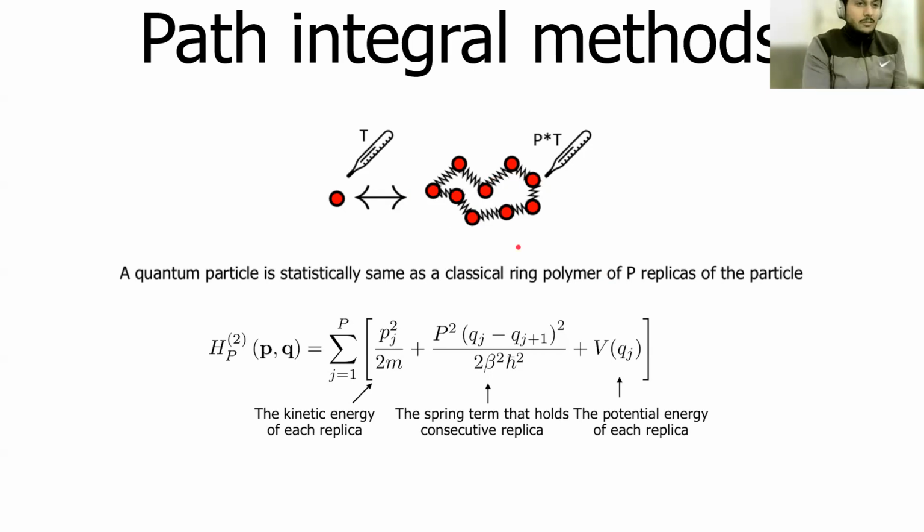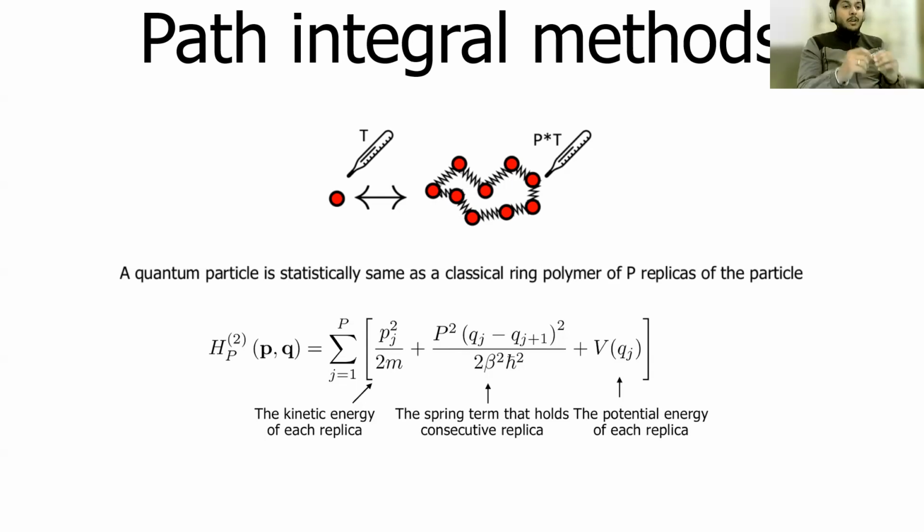Now, when these are not 0, for each replica at a given point of simulation time, you won't have one position, but you would have an ensemble of positions, right? And somehow you can think of it as this ring polymer at every point giving you an uncertainty in your positions.